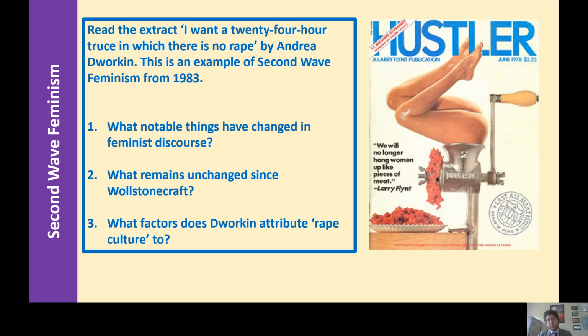Andrea Dworkin is probably the most radical of the mainstream second wave feminists. 199 in my copy. By the way, she's going to talk about an image, and that's the image. It's a magazine cover of a pornographic magazine called Hustler.